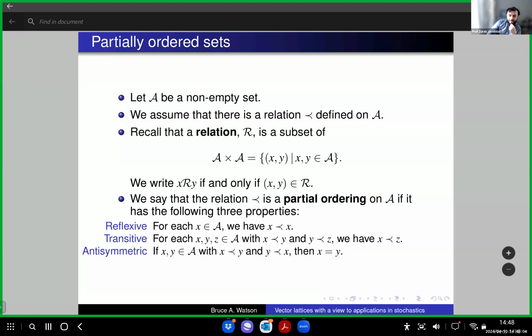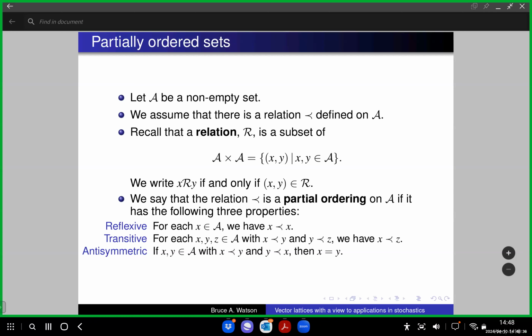And it is nice when your categories are complete, so you have all co-limits. But if we exclude the empty set among our structures, then our categories of structures will no longer be complete, because they will not have a co-limit of the empty diagram. So for category theorists, the empty set is also regarded as a partially ordered set. For partial ordering, you don't really need it to be non-empty. Yeah, because everything trivializes.